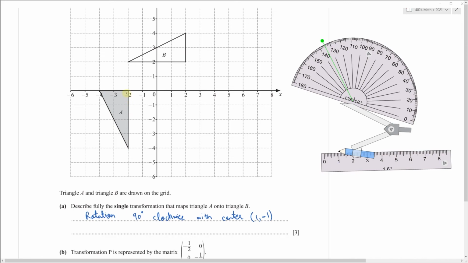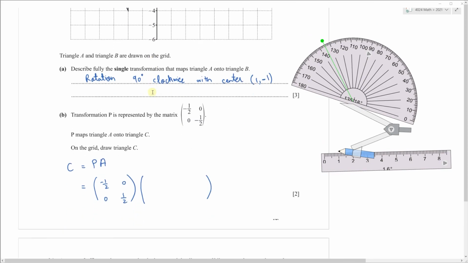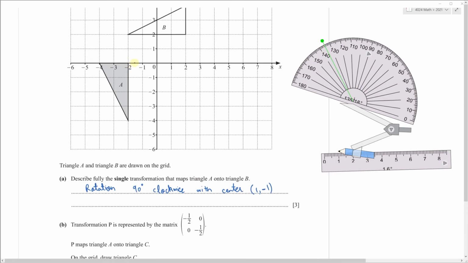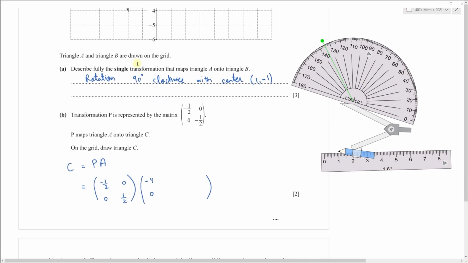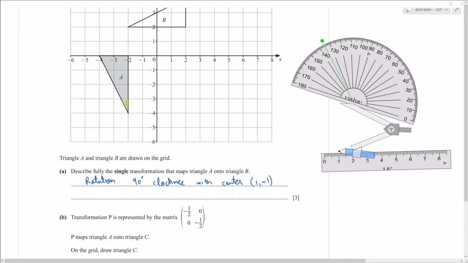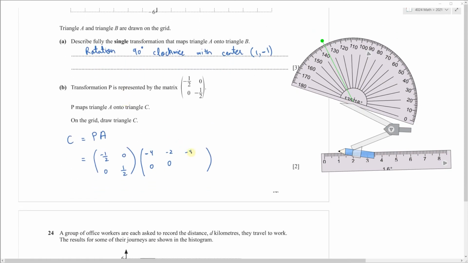Vertices of triangle A are minus 4 and 0. So let's write it down. First vertex is minus 4 and 0. This one is minus 2 and 0. And third one is minus 2 and minus 4. Sorry, minus 2 is the x coordinate and minus 4.